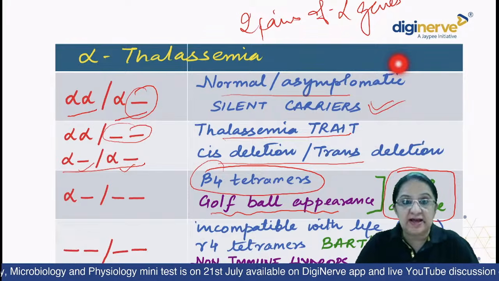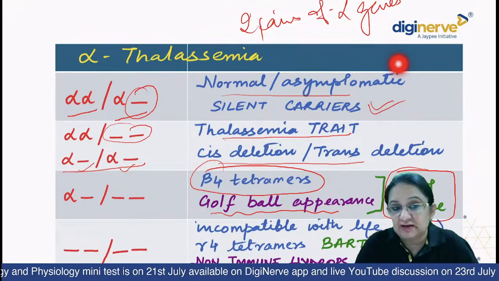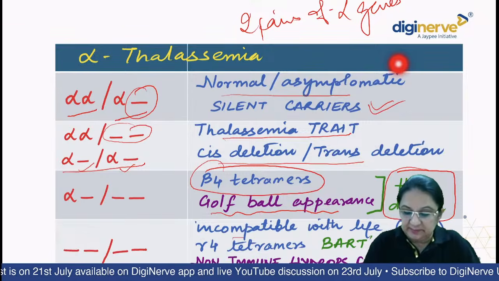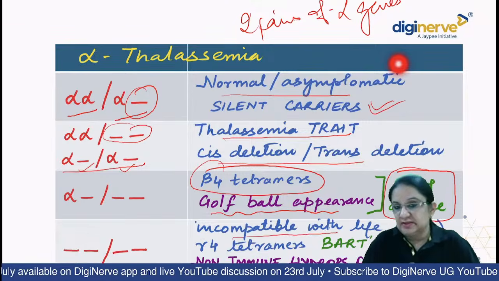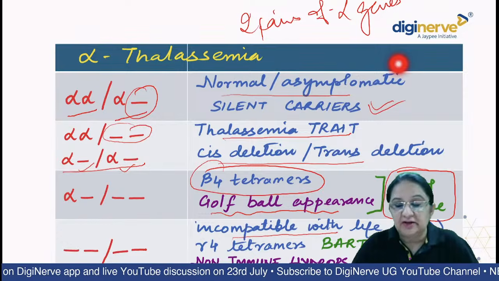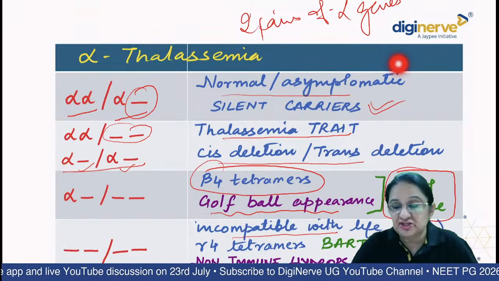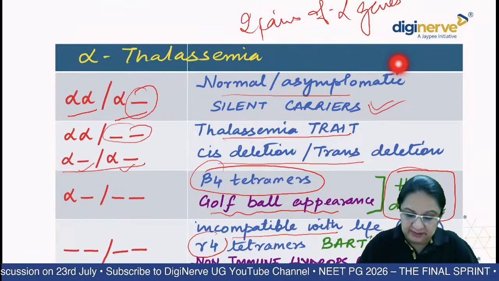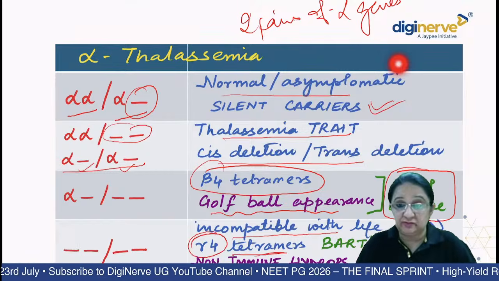Now, all the alpha genes are deleted. This case is incompatible with life. There is intrauterine death. There are no alpha chains. What will happen in the fetus? Gamma 4 tetramers will be formed. Why gamma 4s?